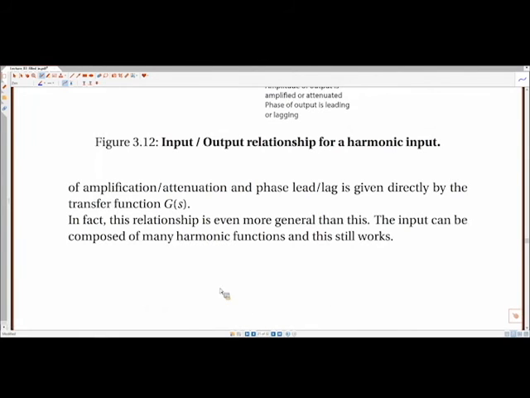So a Fourier series approximation breaks something down into a summation of sinusoids, or harmonic functions.